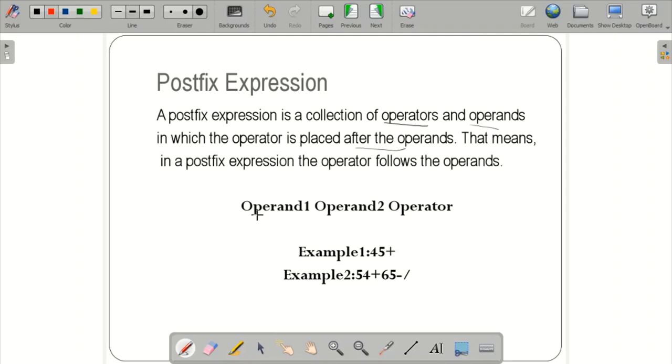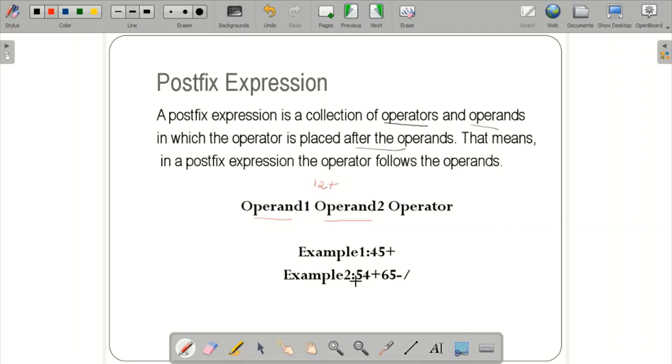For example, operand 1 and operand 2, like 1, 2, should be followed by an operator. So this is a valid Postfix expression.